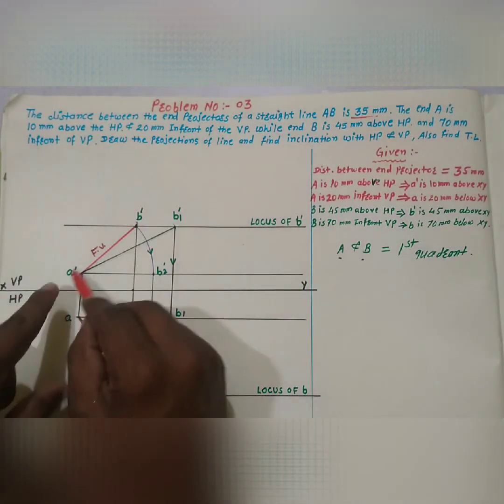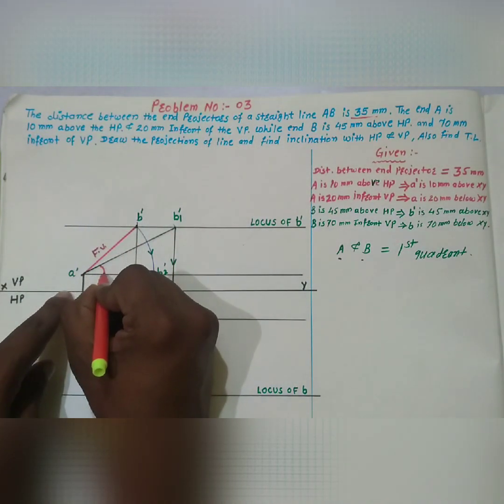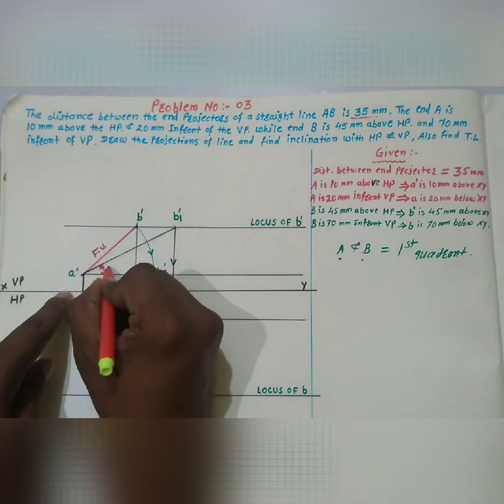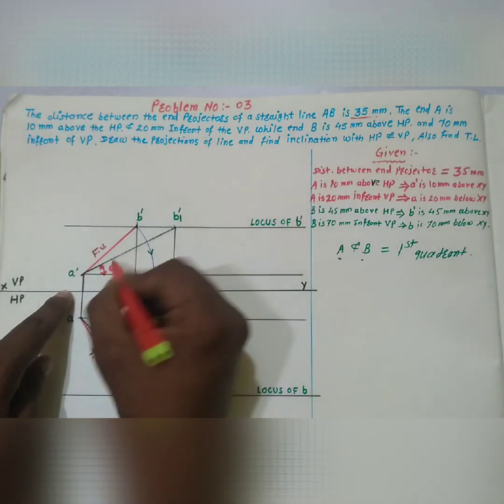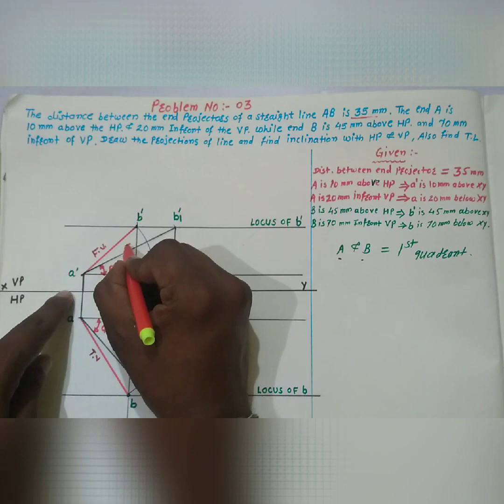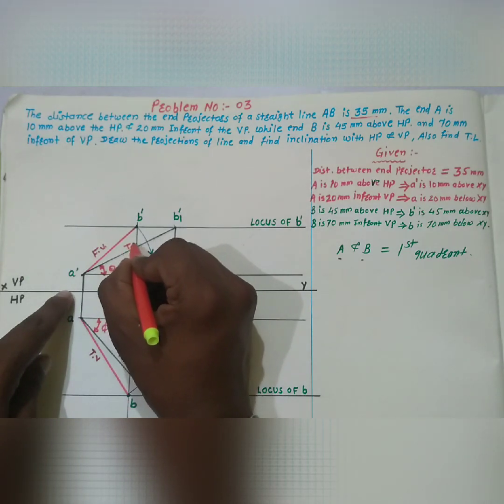When you join A dash and B1 dash, you will get this angle theta, and this is also your true length.